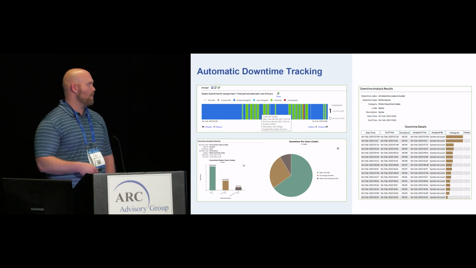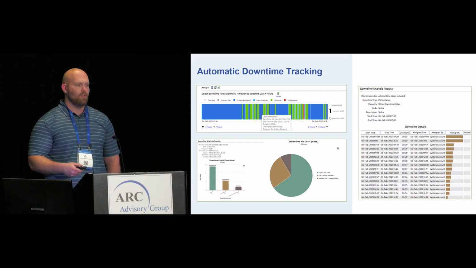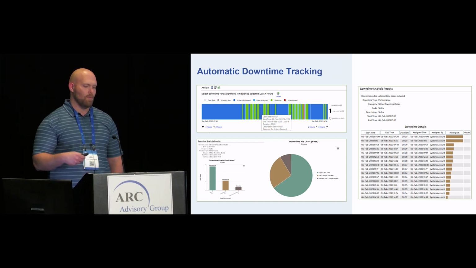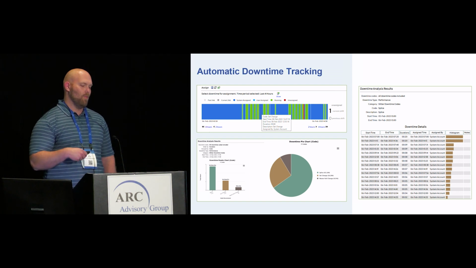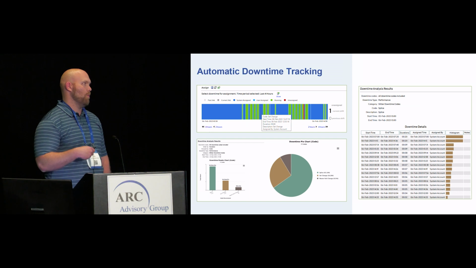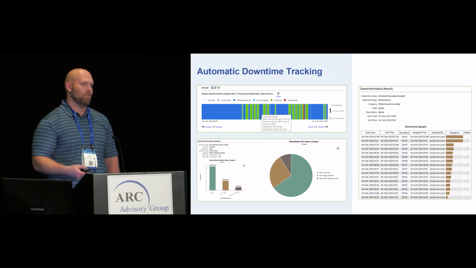With that, we do automatic downtime tracking based upon parameters off the machine. So for example, we have slitters that run material. We know what a set change looks like on the machine. We know what a master roll change looks like. We know what a splice looks like.